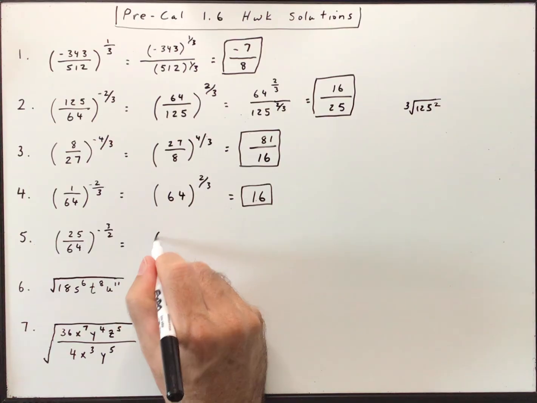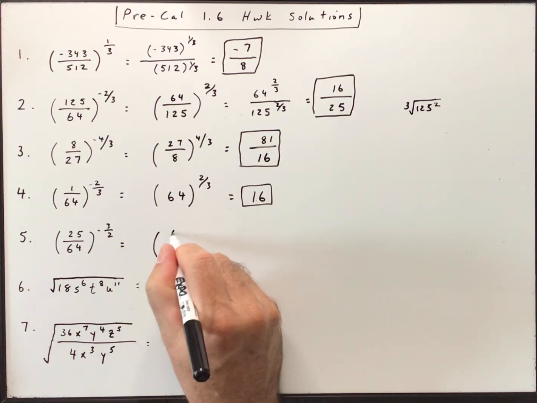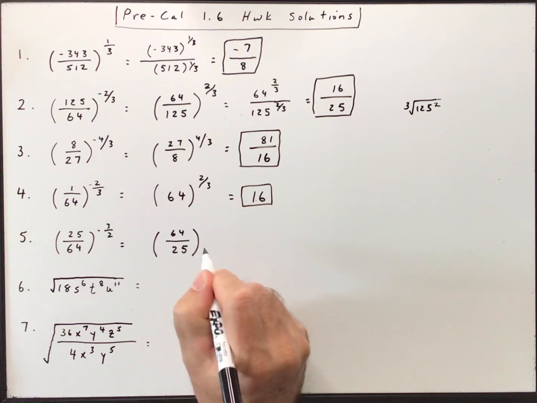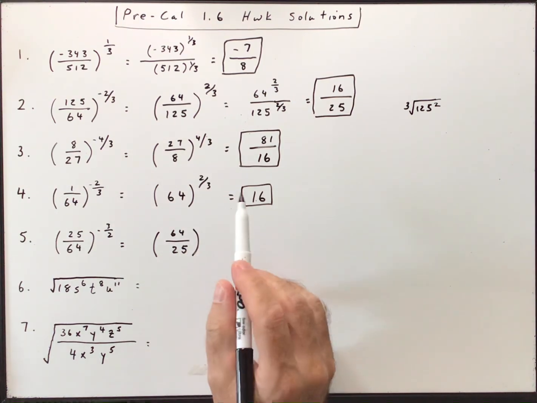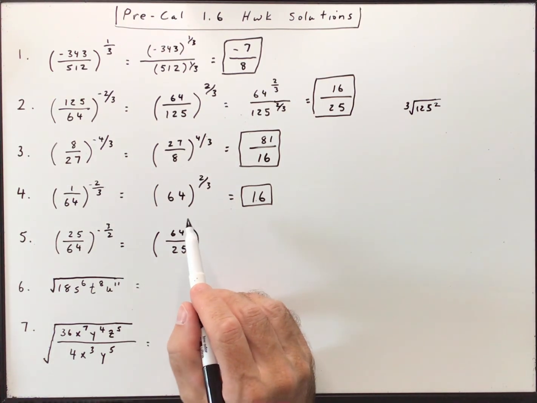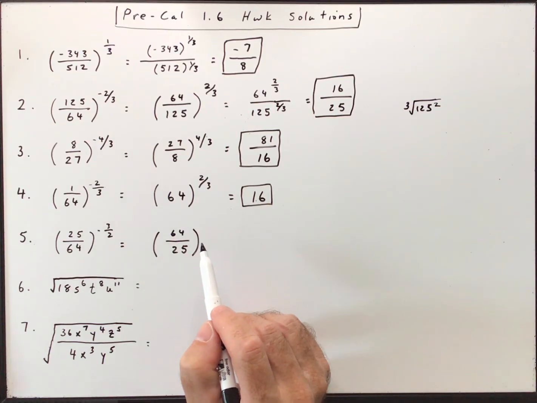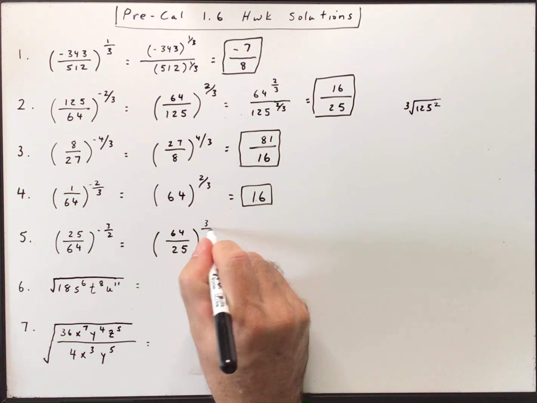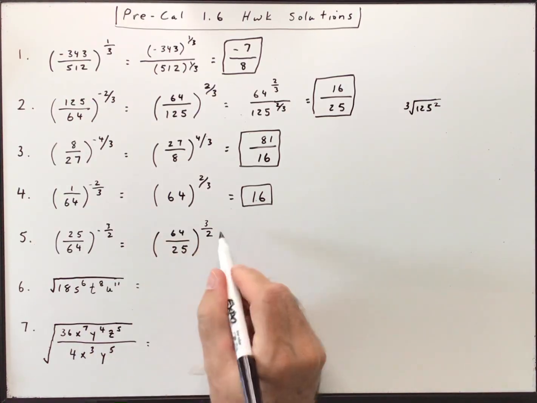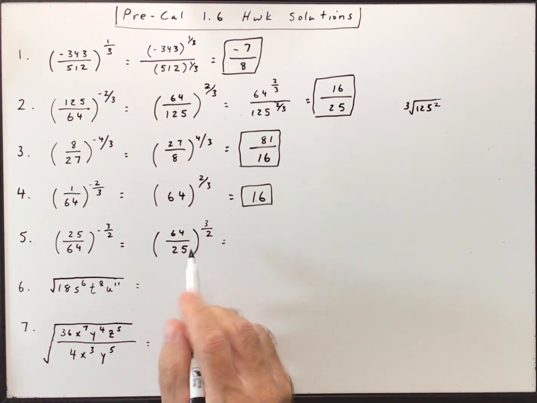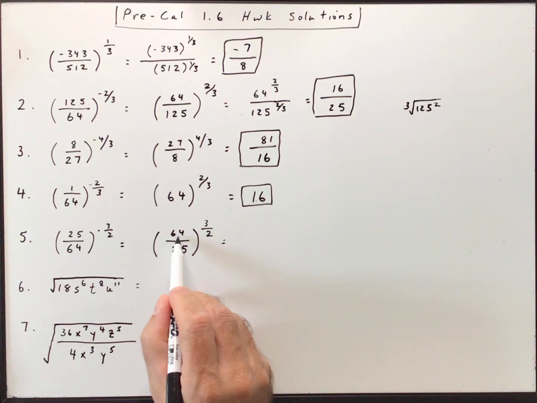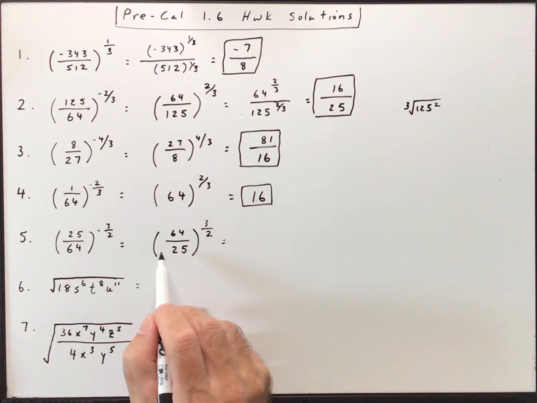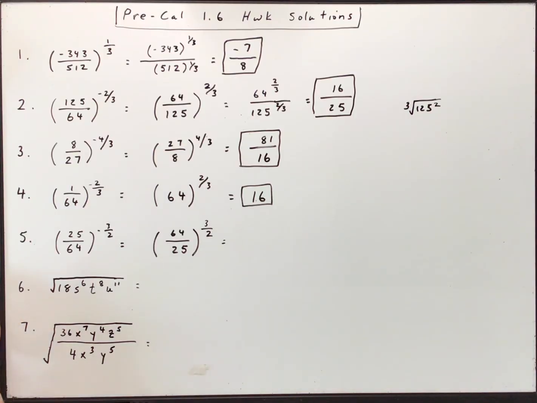So the next one we're going to flip the inside, so that's 64 over 25. So these are made kind of hoping that you have memorized the squares and the cubes of these numbers. They're pretty common numbers. So I changed the negative to a positive. All right, so the square root of 64 is 8. Now 8 cubed, there's a good chance you don't know that.